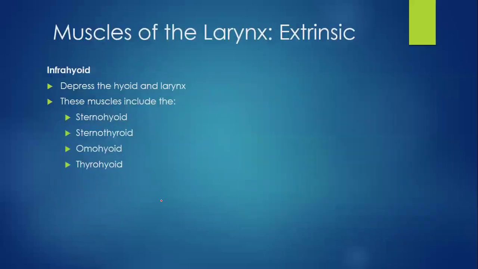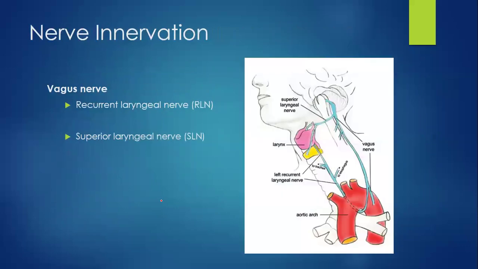Then there are the infrahyoid muscles, and these muscles include the sternohyoid, the sternothyroid, omohyoid, and the thyrohyoid, and their main function is to depress or lower the hyoid and the larynx. All right, I think this is the last piece of anatomy, and then we'll talk a little bit about physiology and move on to talk about pathologies.